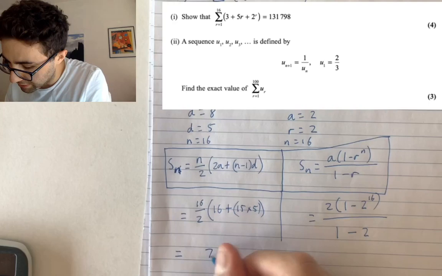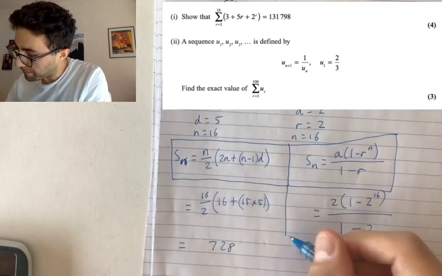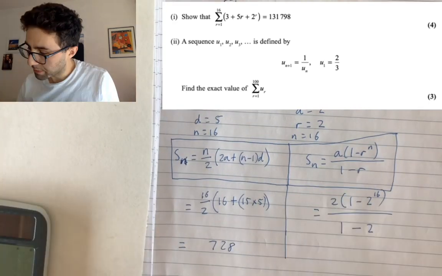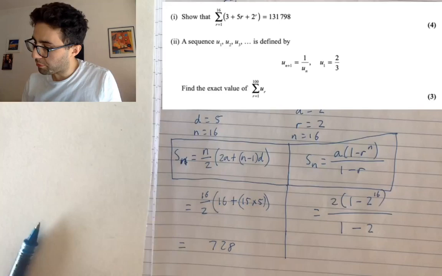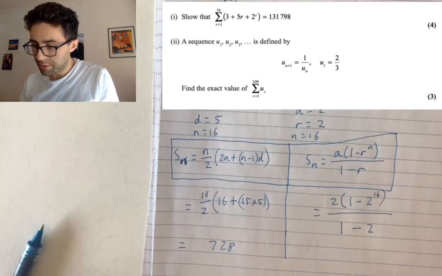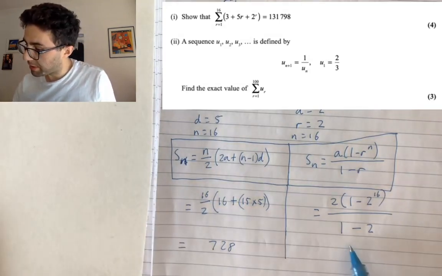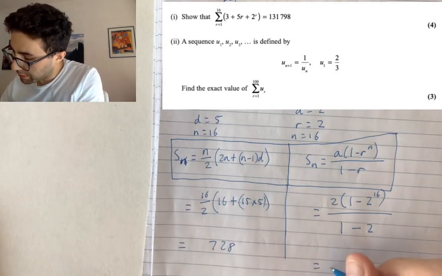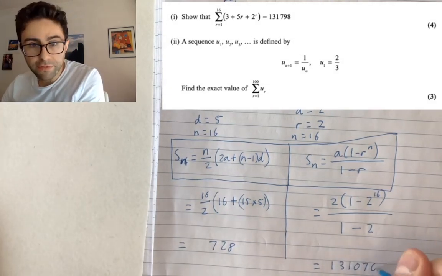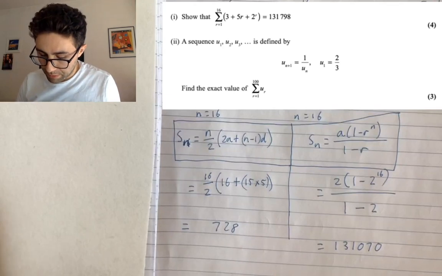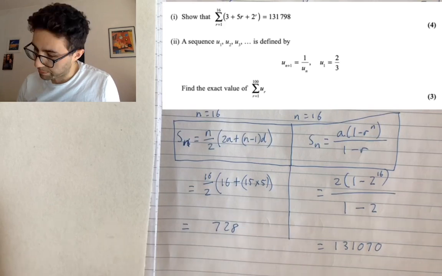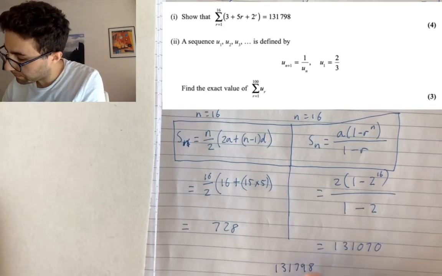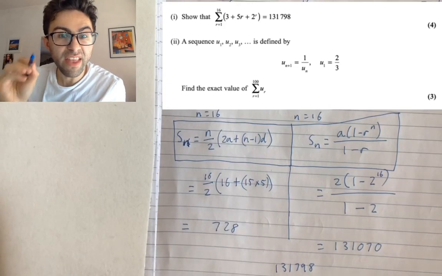And this one looks a little bit more monstrous. 2 times 1 minus 2 to the power 16, and then you divide by minus 1 on the bottom, 131070. 131070 plus 728, add them together, 131798. Is that what they wanted? That is what they wanted.